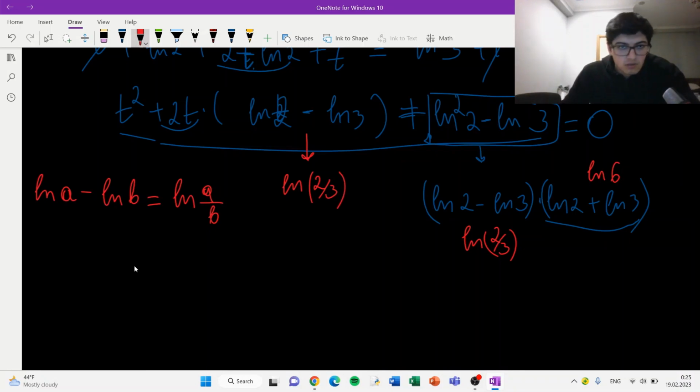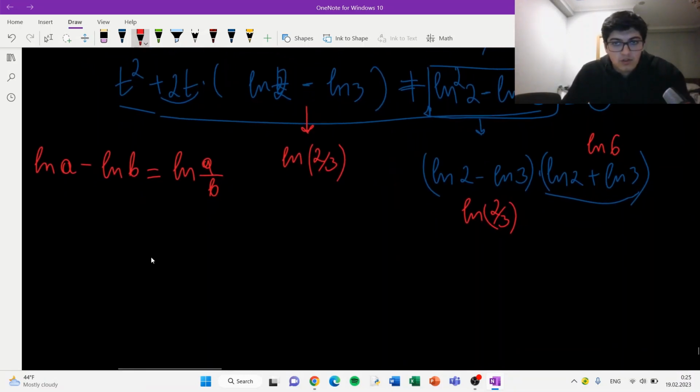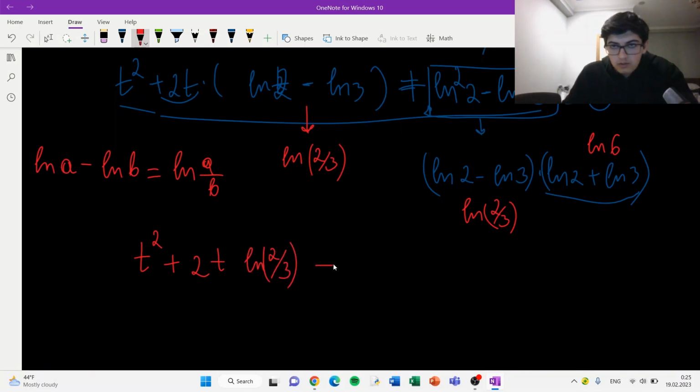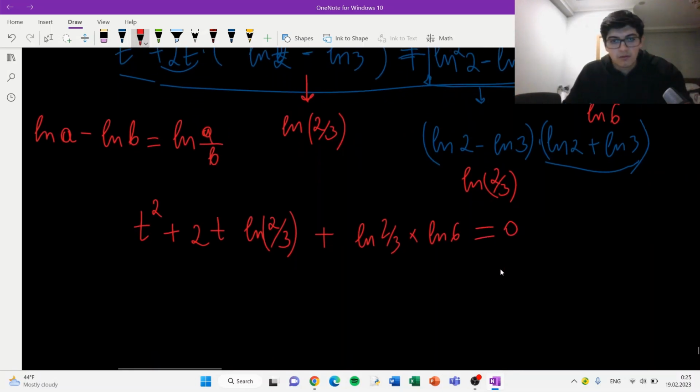And let's write and simplify our equation and finally start to solve it. Plus 2t ln 2 divided by 3 plus ln 2 divided by 3 multiplied by ln 6, which is going to be equal to 0.